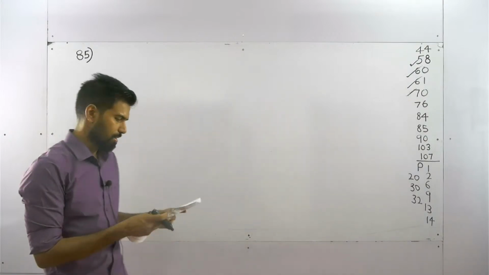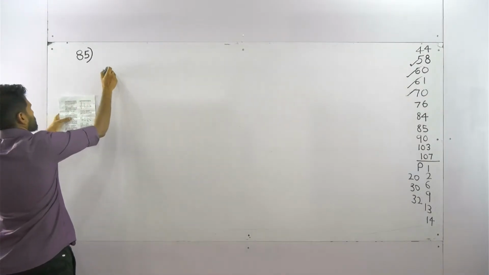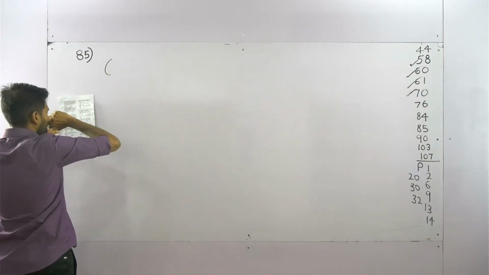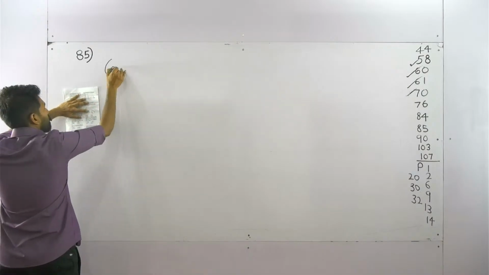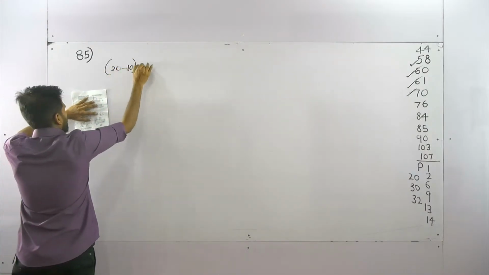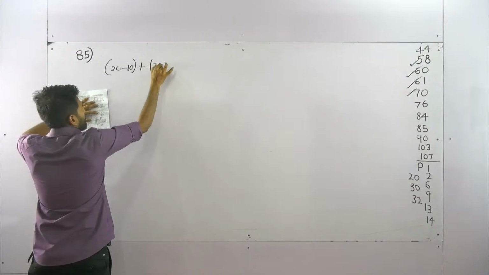So it's a trapezium. What are the lengths of the parallel sides? 20 minus 10, and 30 minus 0.